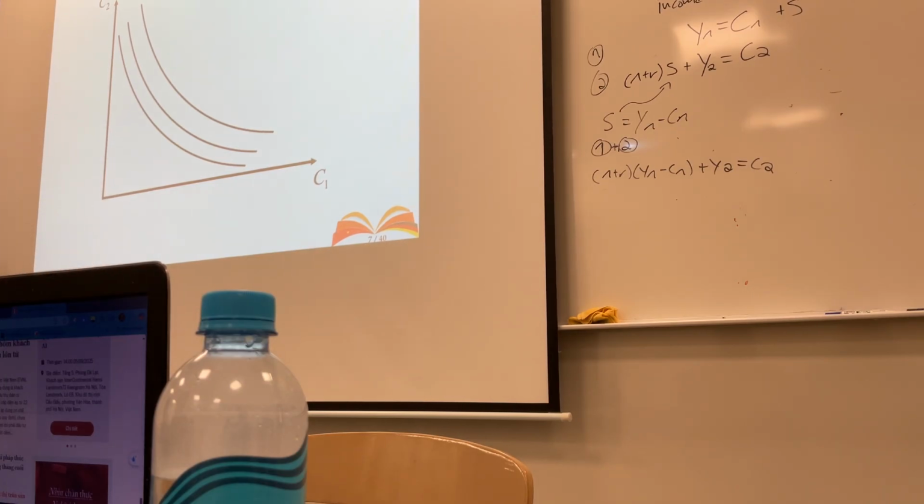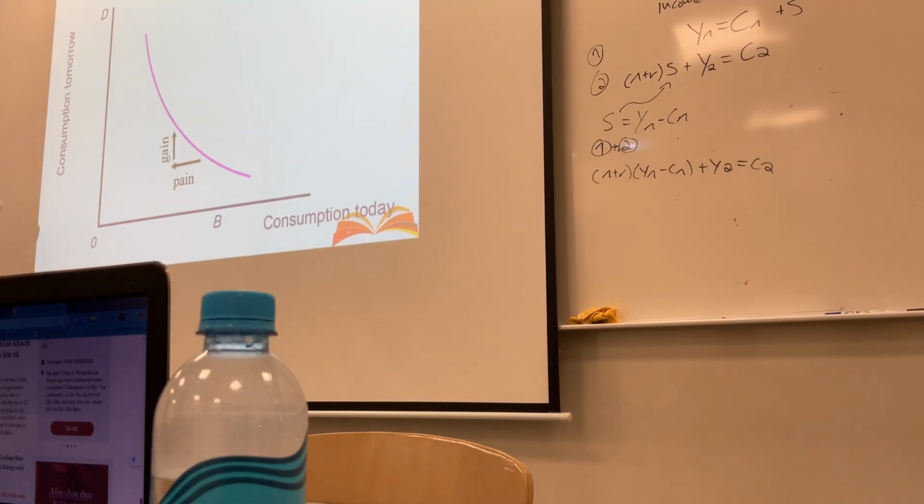So my goal here, as a household, is to get onto an indifference curve that's as far away from the origin as possible. The way this indifference curve works, it's giving us different pairs of C1 and C2. If you reduce my consumption today, that's pain, I have to go hungry today. And the question is, how much do I have to promise you tomorrow to leave you indifferent? I don't want to go hungry today.